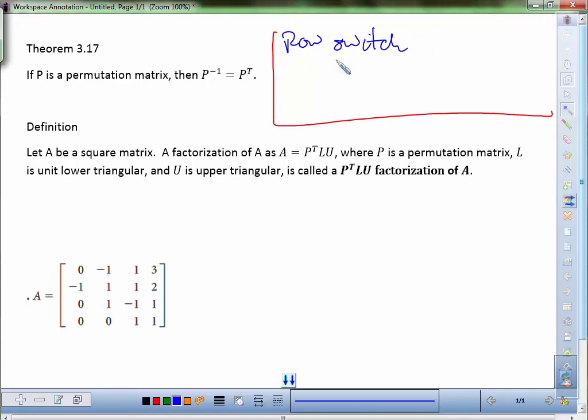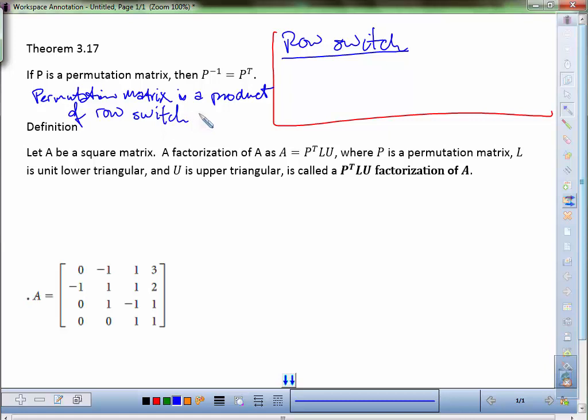So a permutation matrix, it's not defined here. Let's put it over here. Permutation matrix is a product of row switches. So if we just have to do one row switch, then that's fine.